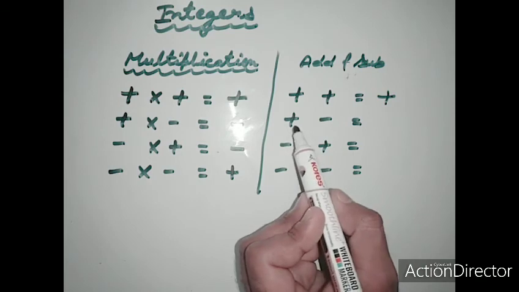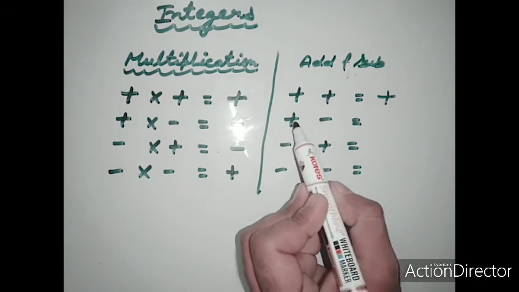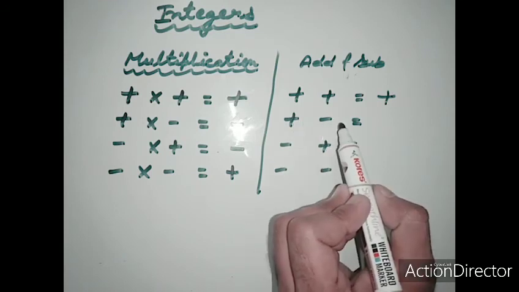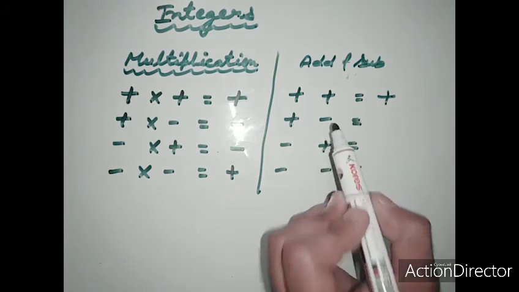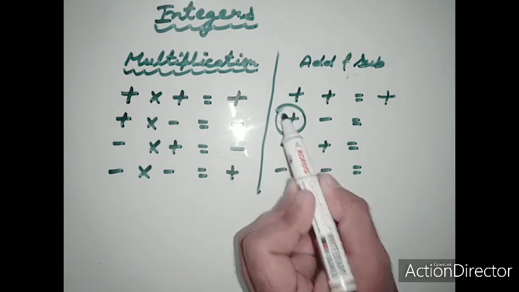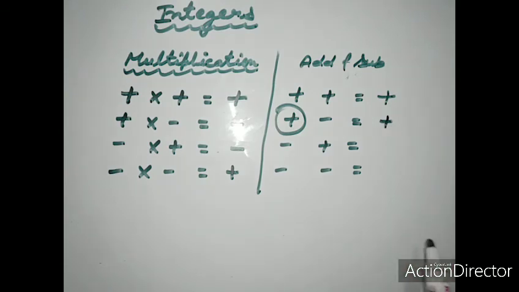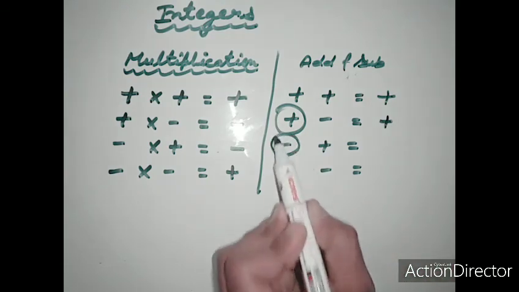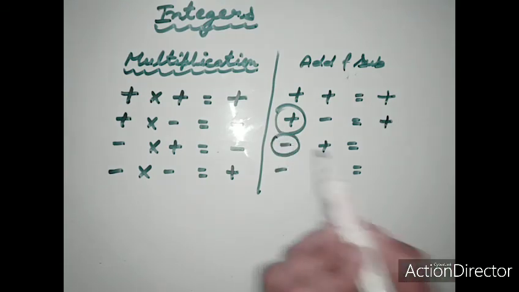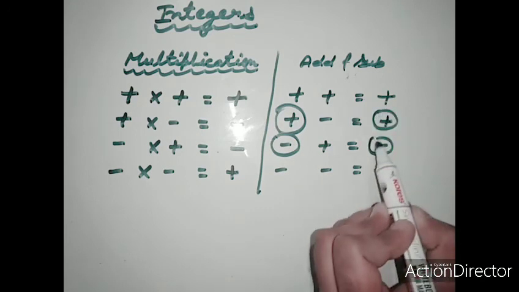Now dear student, remember one thing here: if there is one positive and one negative symbol, our answer totally depends on the number. If the greater number has a positive symbol, we get our answer in positive.